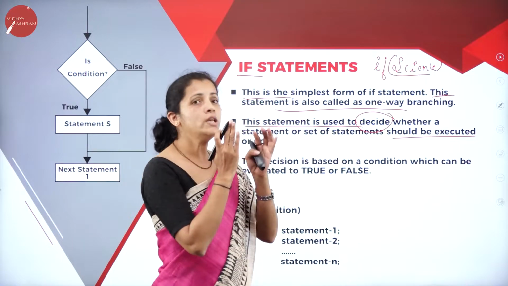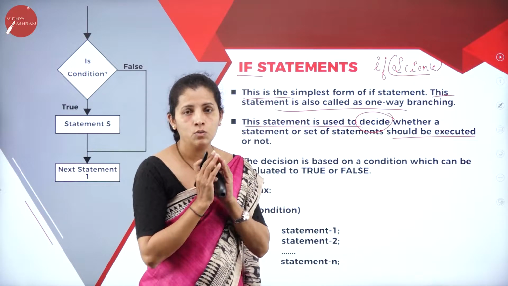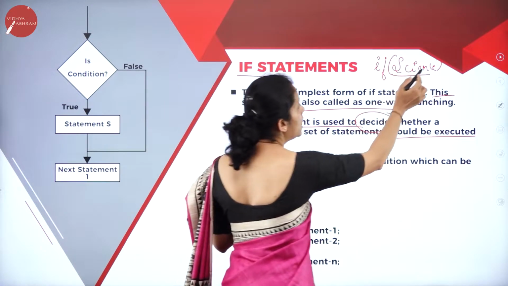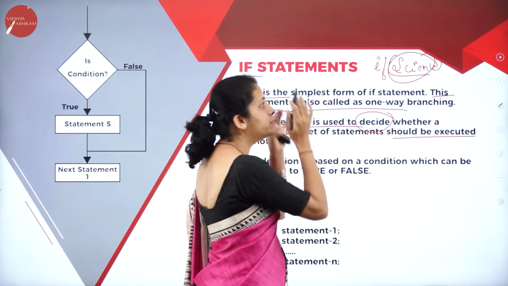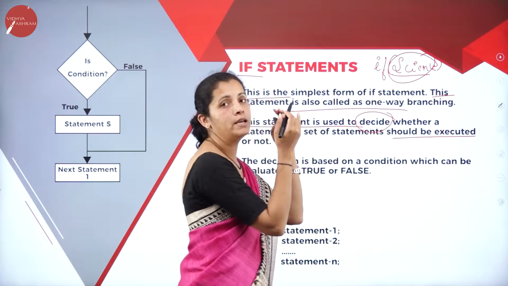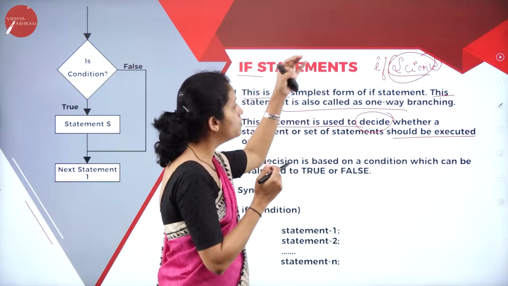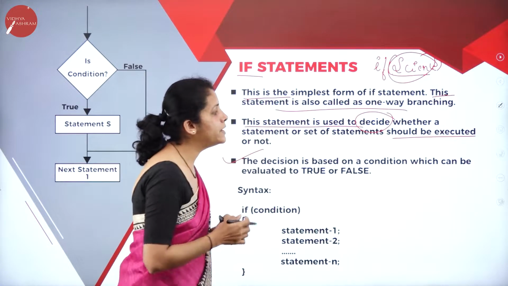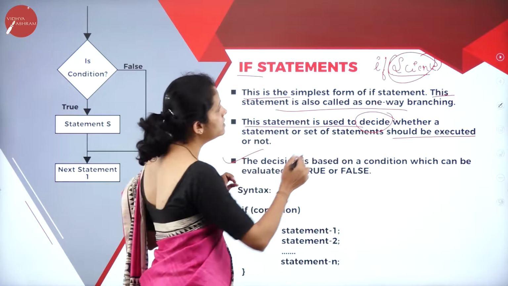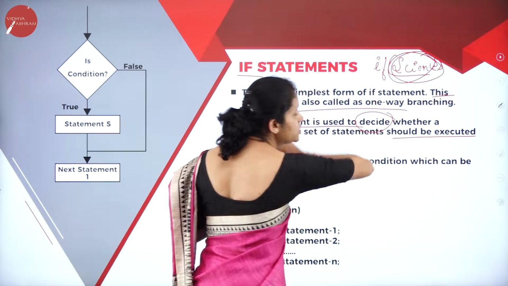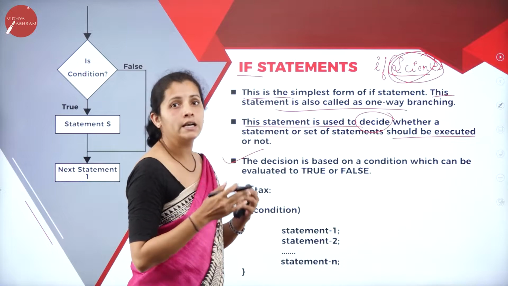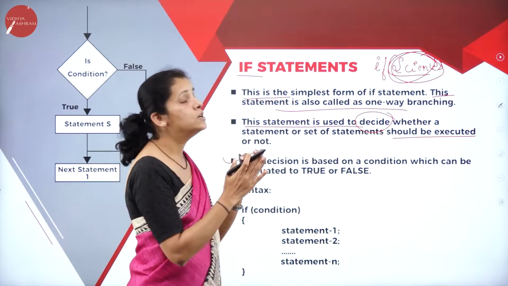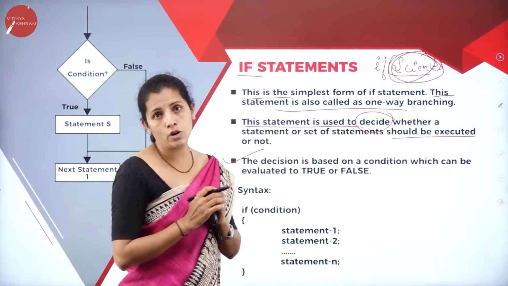So here only one condition, only one statement in my if statement. So here I'm going to have the condition, and if that condition is true, I'm having one statement or block of statements. So the decision is based on the condition. So here the specialization science is nothing but my condition. That means I want to join only science. So I'm going to search only science college.